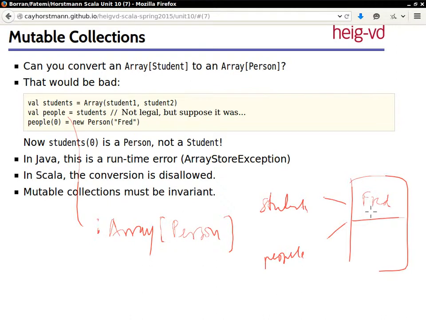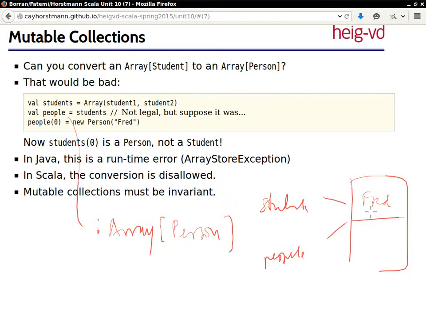Now, did they keep that pragmatic decision for other collections, when you use an ArrayList? No. ArrayLists in Java are invariant, so they did not keep that. And in Scala, arrays are also invariant, because Scala feels more strongly than Java that any type error should be found at compile time, that it should not be possible for a program to die with a type error at runtime.